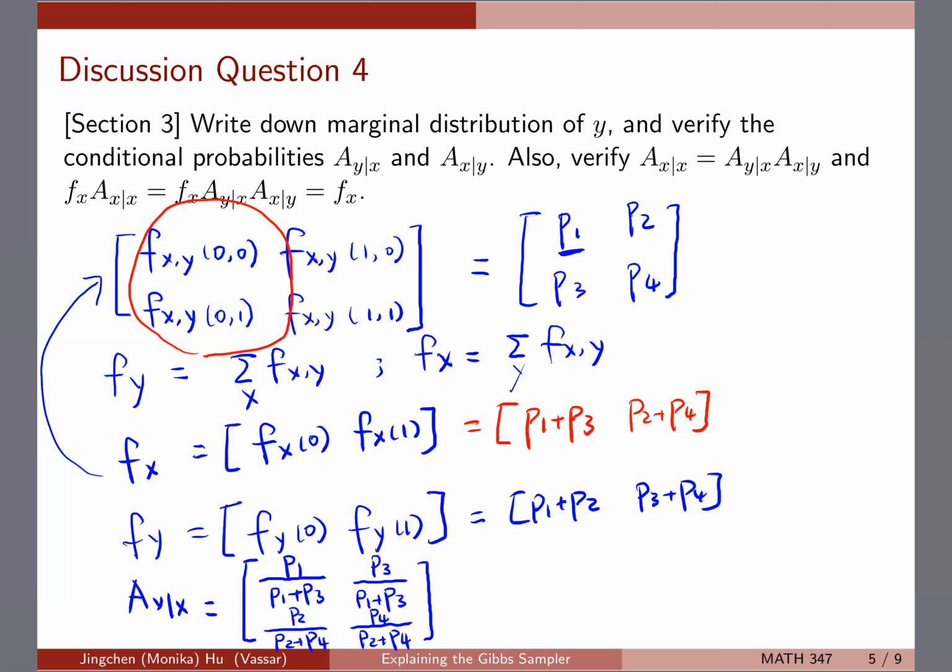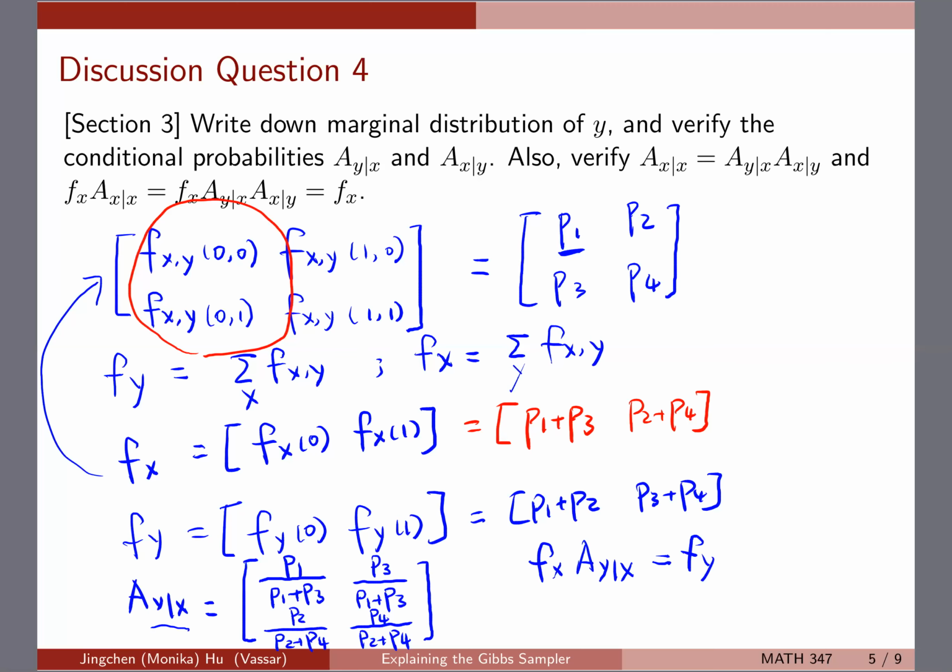It's transitioning from x to y. So what you should have is, if you multiply f(x) with this matrix, it should give you the marginal of y, transitioning from x to y.